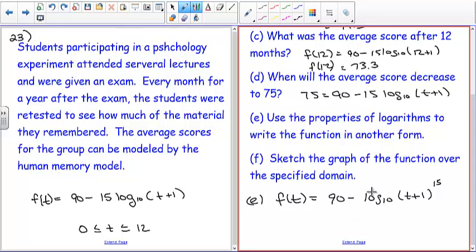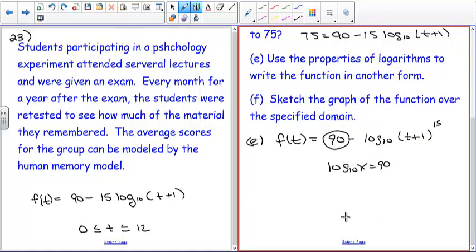You'd have to rewrite 90 in terms of log base 10, and you could do that. So the question is, how would you rewrite 90 as log base 10 of x? What is x? I'm trying to write this as log base 10.